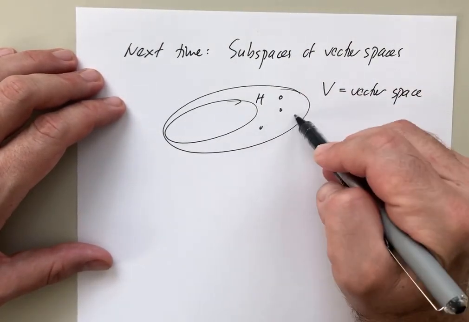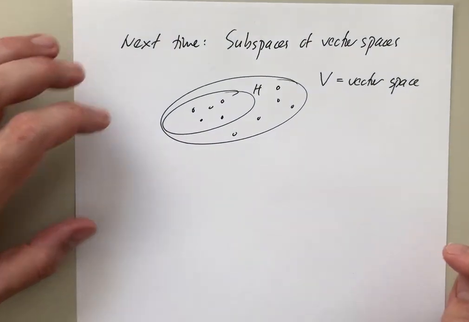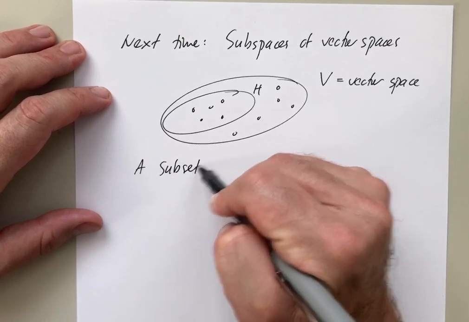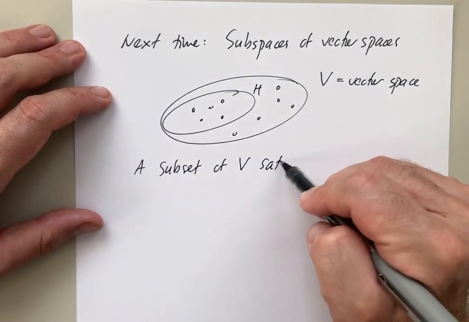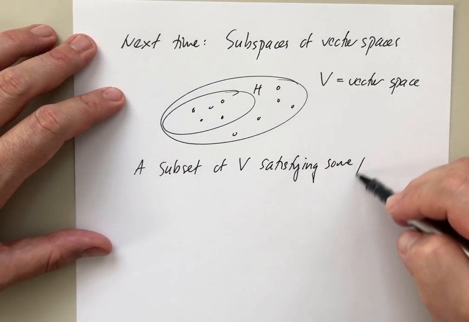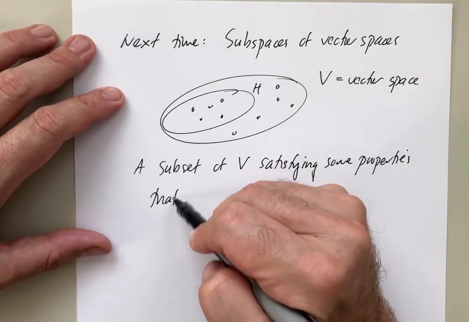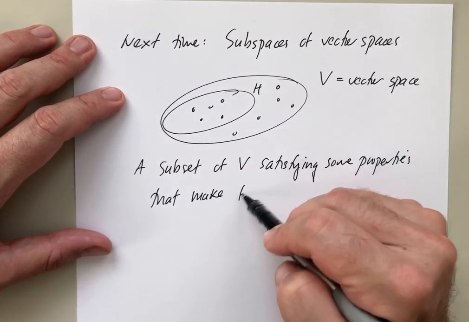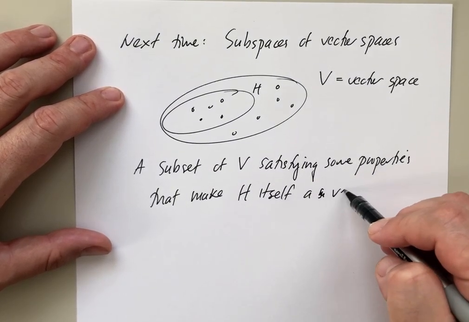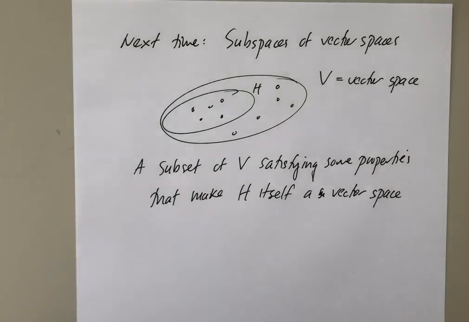So, these are my polynomials of degree at most 3, and I'm going to look at a certain sub-collection of those things. So this will be a subset H satisfying some, again, axioms or properties that make H itself a vector space. Okay, so I think I'll end it there, and we'll continue next time.